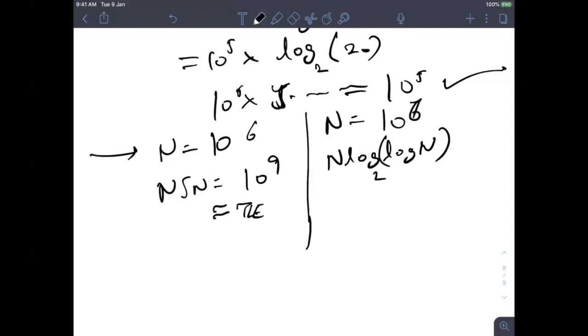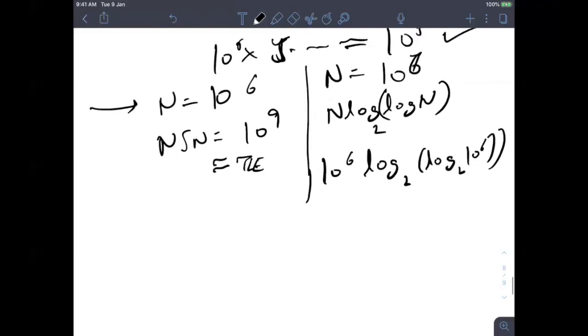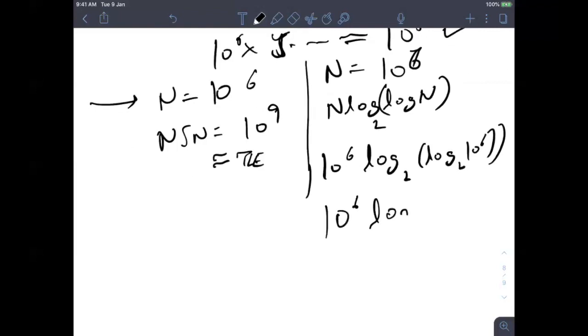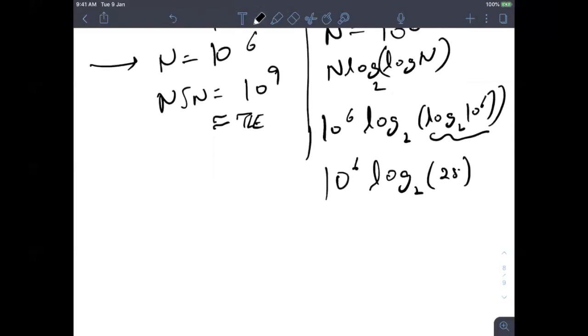So again, 10 to the power 6 into log of 10 to the power 6. This is around, I guess, 25. I'm not sure, but it is not more than 25. So again it will be around 4 point something, let's say 5, so 5 into 10 to the power 6. It will not give you TLE, it will get a green tick.